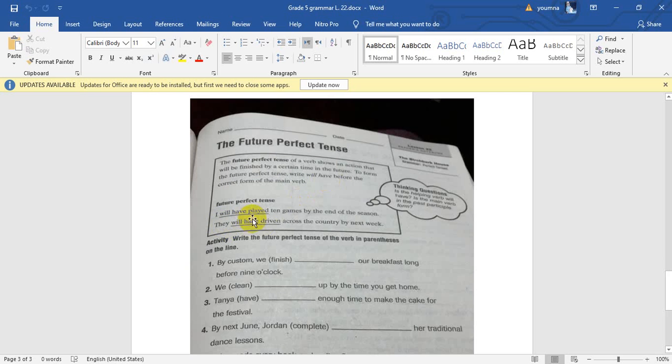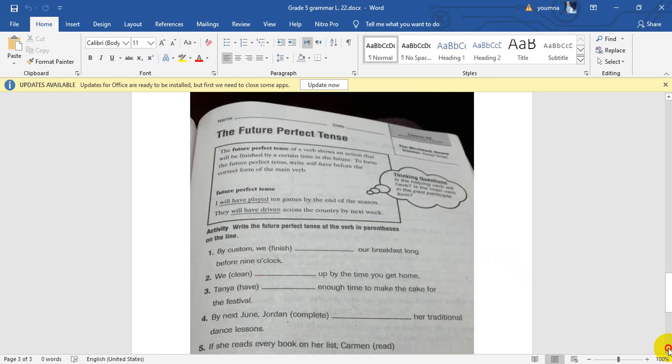Like what? I will have played 10 games by the end of the season. So will have here together is the helping verb, and played is the main verb, which is regular in the past participle. They will have driven across the country by next week. So will have here is the helping verb, and driven is the irregular verb of drive. Drive, drove, driven. Now let's form the future perfect tense of the following verbs.